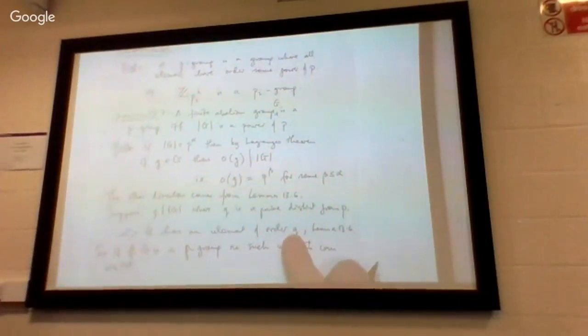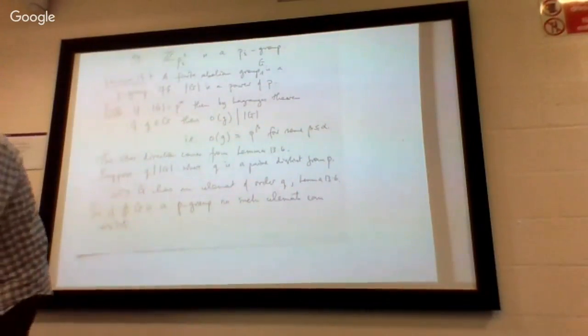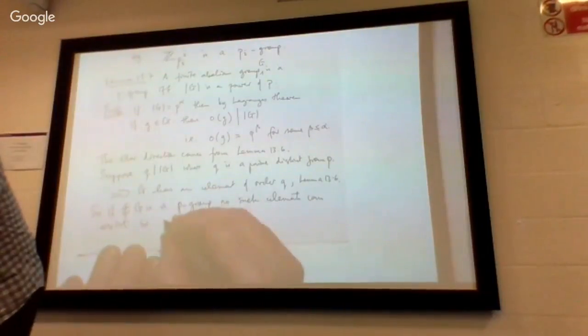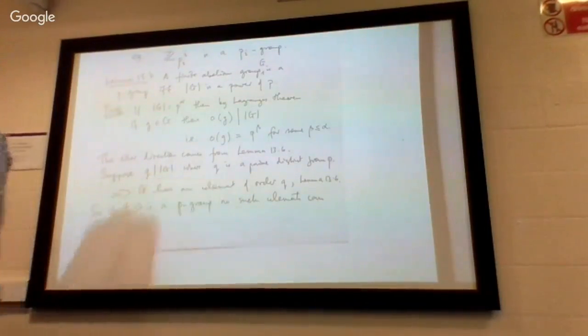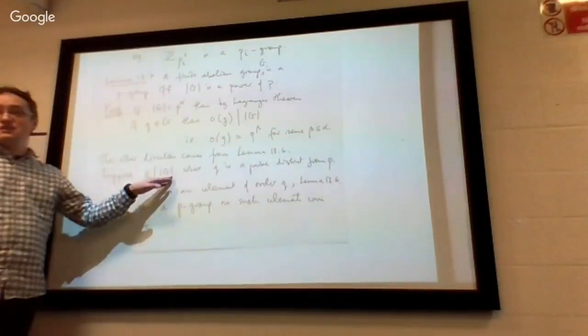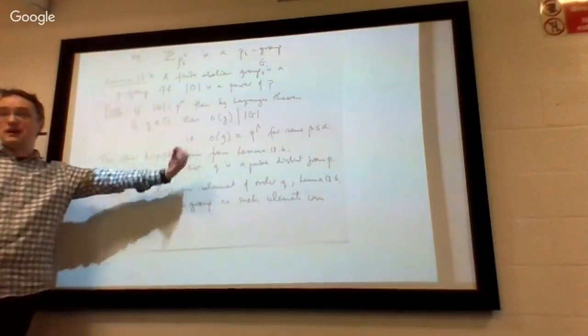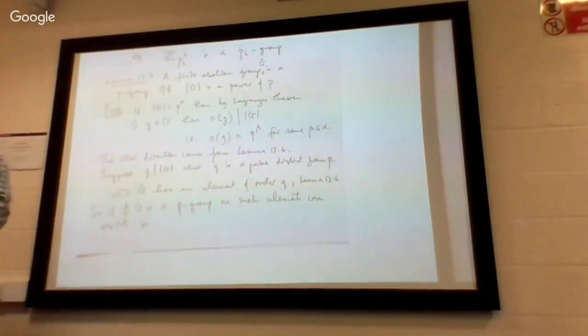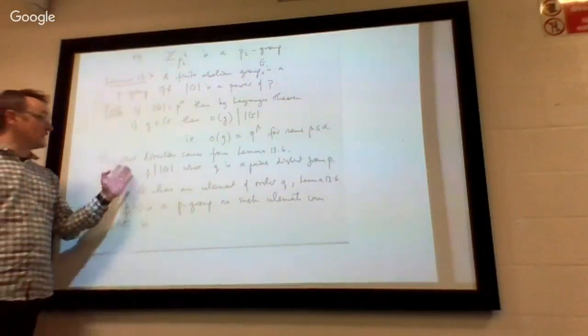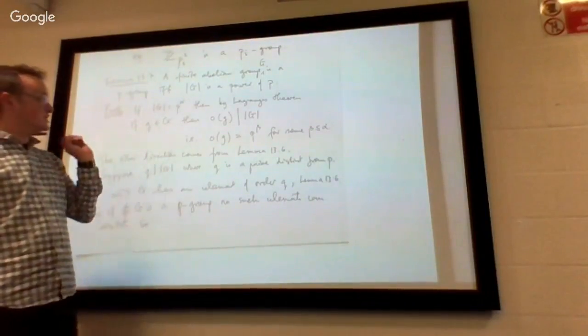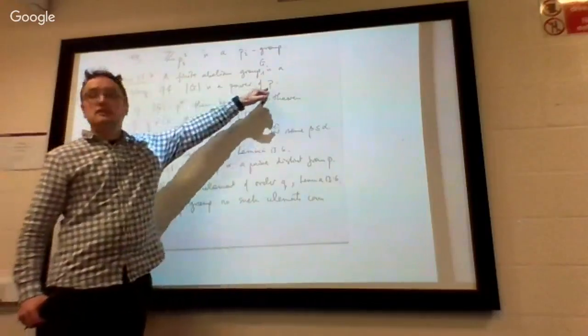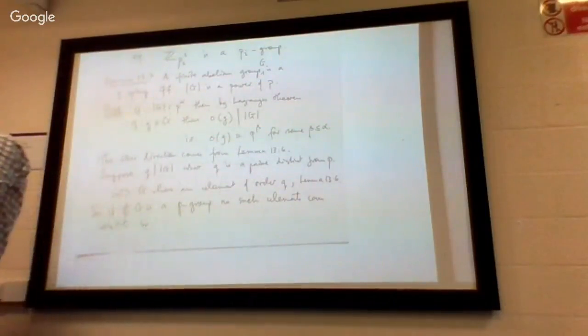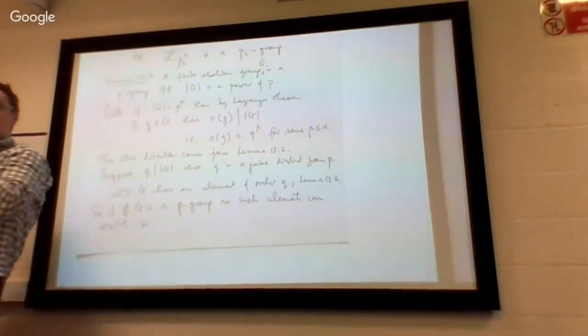None of these elements of other prime order can exist. So no other primes can divide the size of G. We've ruled out any other primes dividing the size of G apart from this one P, so the size of G must be some power of P.